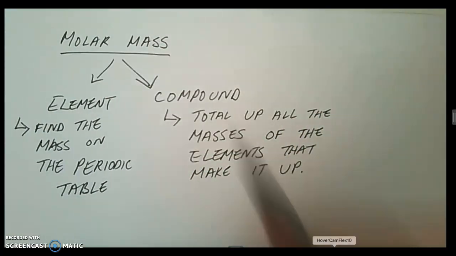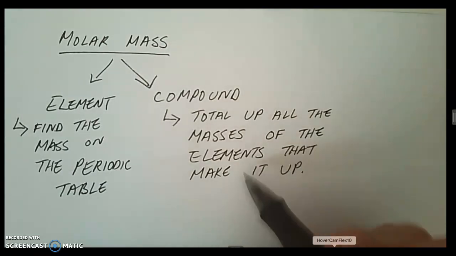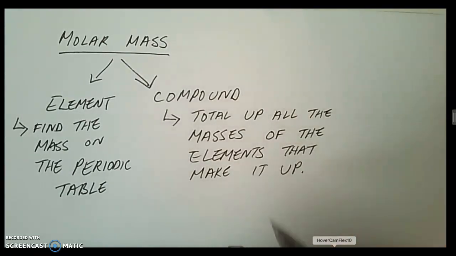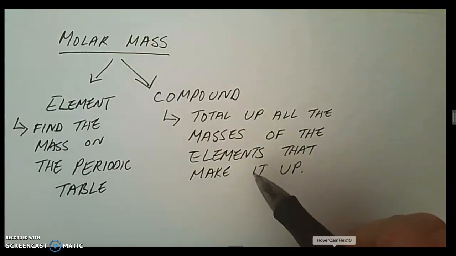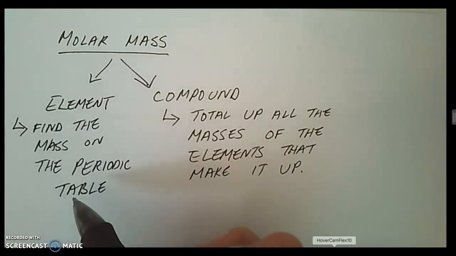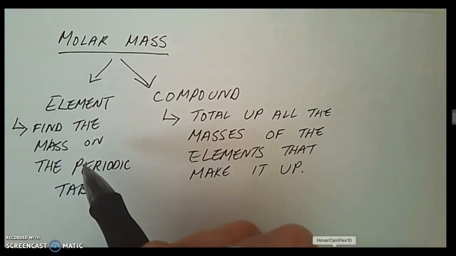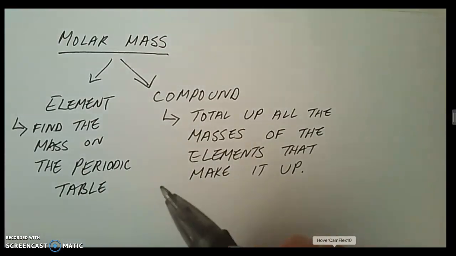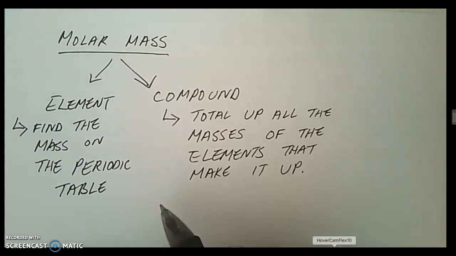Okay, so compounds that have a lot of atoms are going to have high molar masses, and compounds that have a smaller number of atoms are going to have lower molar masses. And then it will also depend on the types of elements that make up the compound. Some elements, like hydrogen or helium, are very light, whereas other elements, like lead or gold, are very heavy. Okay, and then there's lots in between there as well.